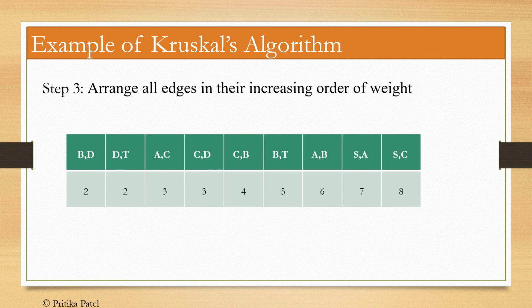Now S to A and S to C; C is already selected. So S to A is selected because it has weight 7, versus S to C. Here from these two edges we have to cover the vertex S, so we take the one with the minimum weight. So 7 is minimum.